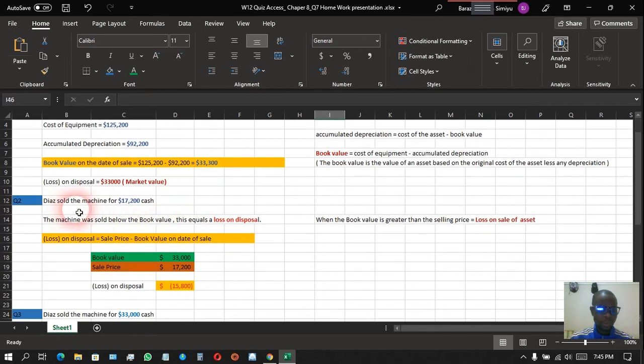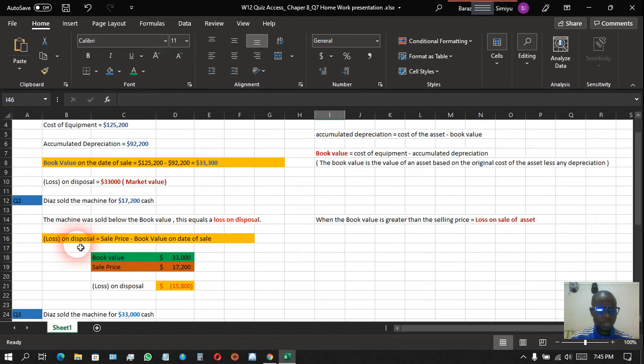Therefore, if Diaz sold the machine for 17,200, it means that he sold the machine below the book value, which is the market value. So when the book value is greater than the selling price, then there is a loss on the sale of the asset or loss on disposal of the asset.